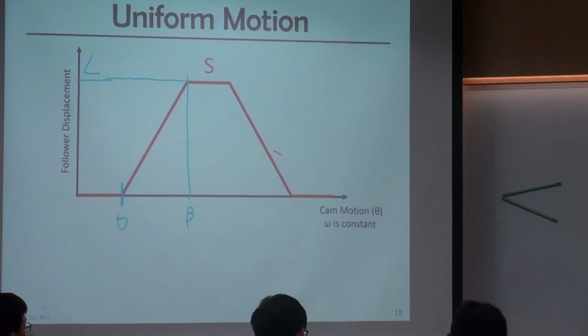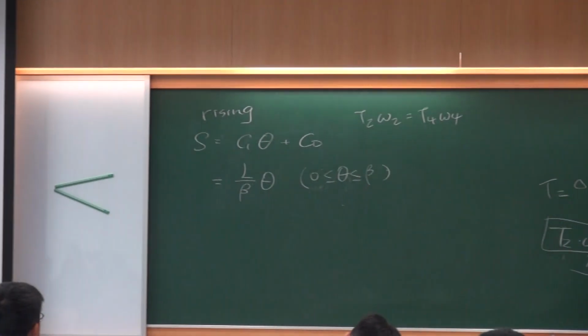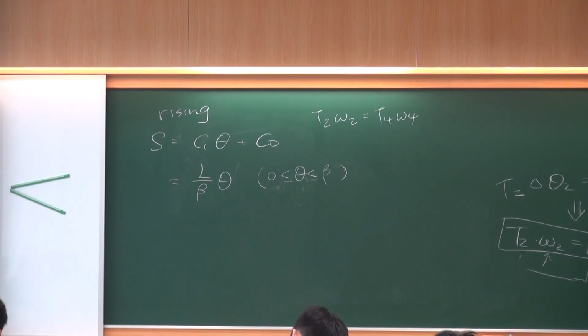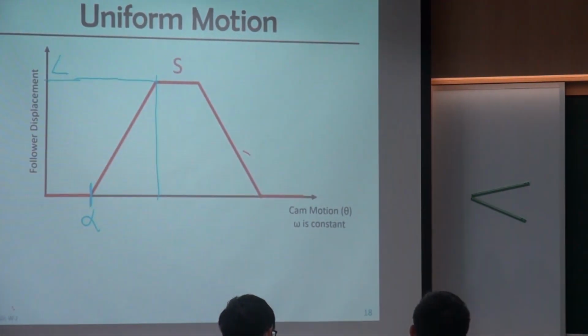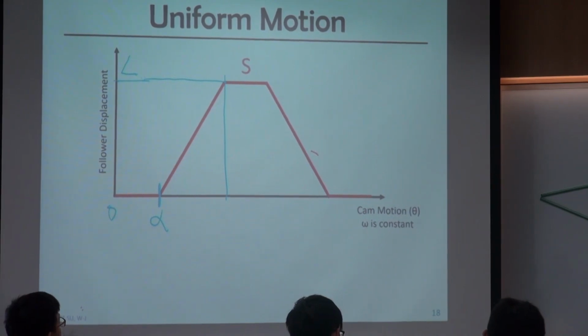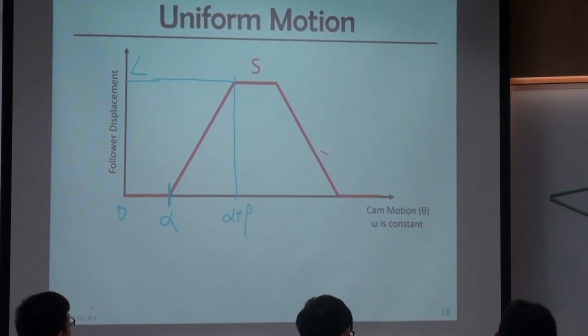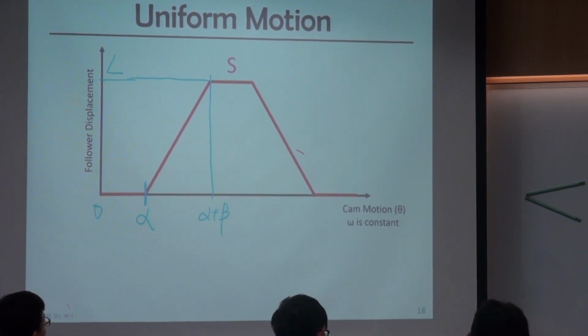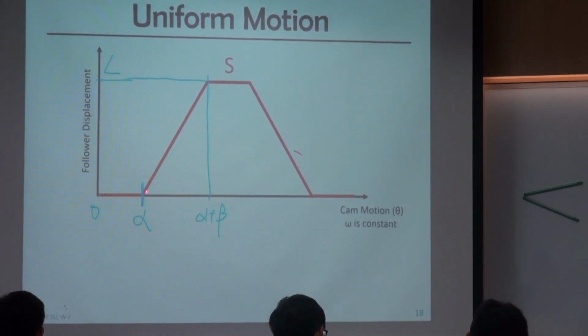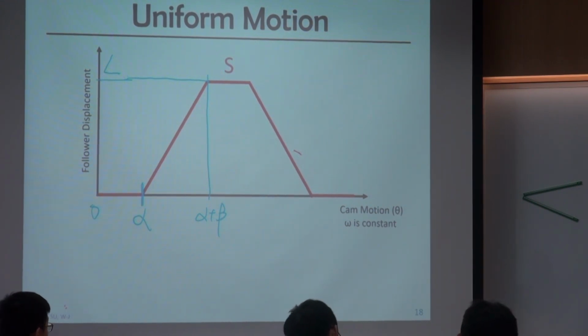But the curve does not always start from 0. So this time I change this point to alpha, and this 0 becomes alpha plus beta. If I change the representation this way, then how should I modify this equation? Basically, it's just a shift.